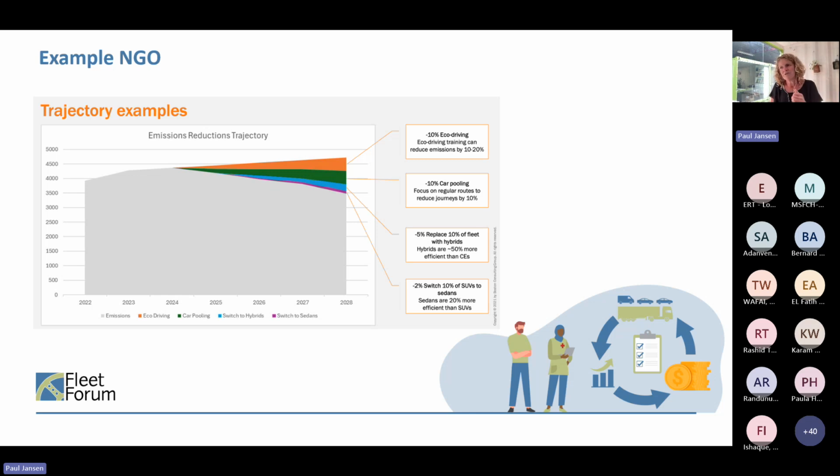For example, if they invest in eco driving, they expect a certain return on investment, not only from a cost perspective, but mostly from a sustainability and emission reduction perspective. That is how you can make it visible to the organization: what we expect, and what actions we would like to take because we are expecting that.